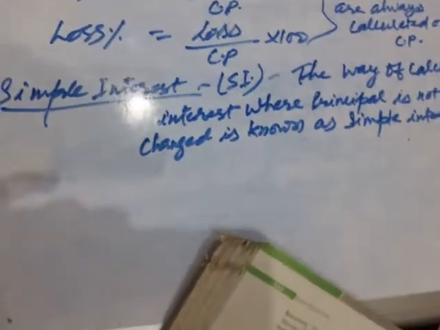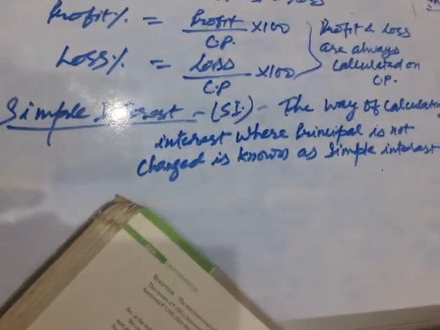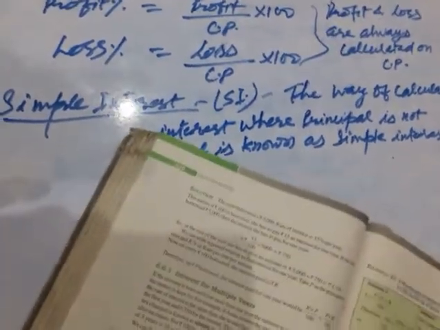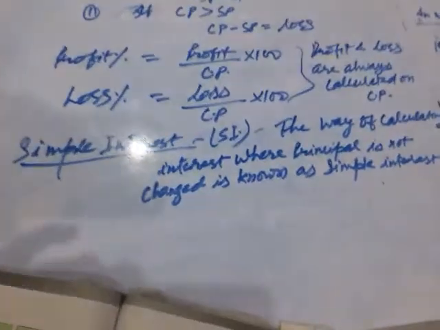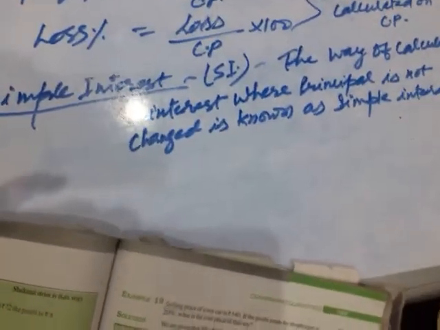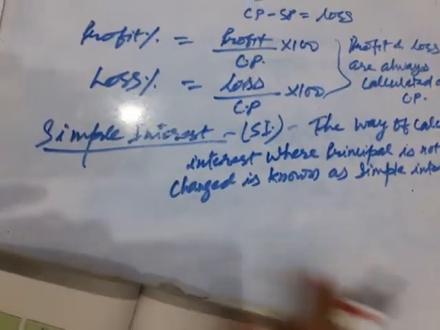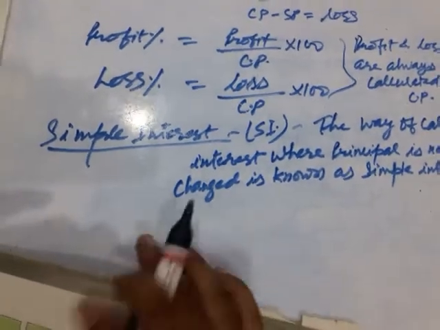Simple interest, and see, what is principal, what is this amount, what is interest? See, sometimes we borrow or lend money to someone or from someone. If we borrow 200 rupees, children, let us start understanding.